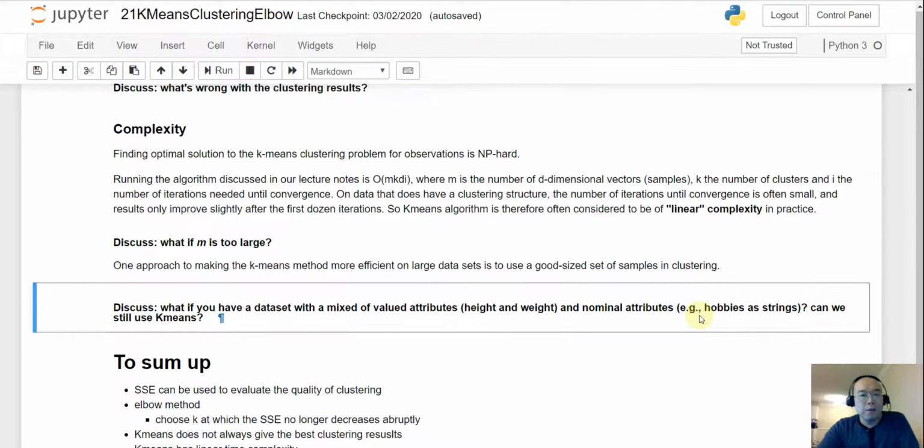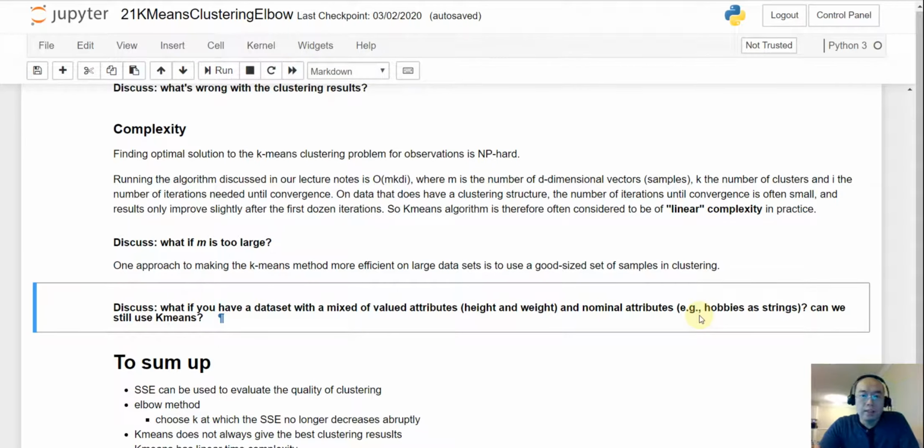Okay, the point I want to make here is, k-means is a clustering algorithm relying on the distance matrix, right? Because we are assigning all the samples to the nearest centroid. So how do we define the nearest centroid? We are measuring the distance.